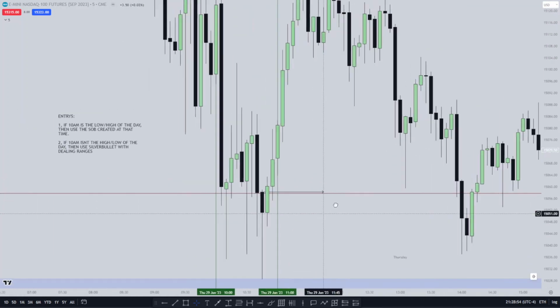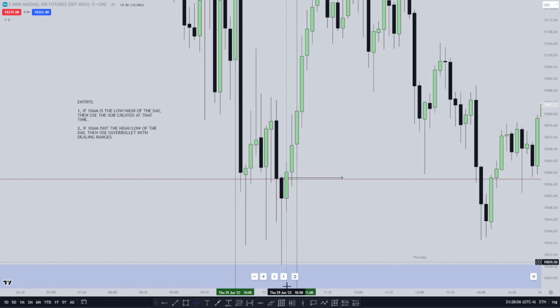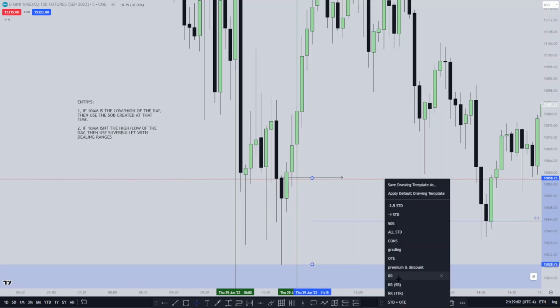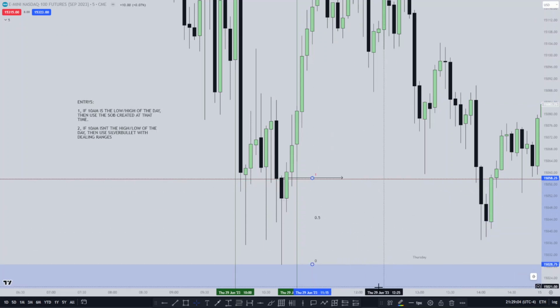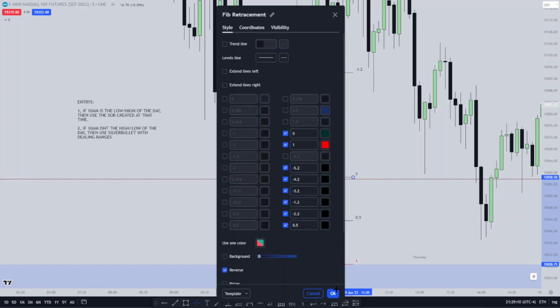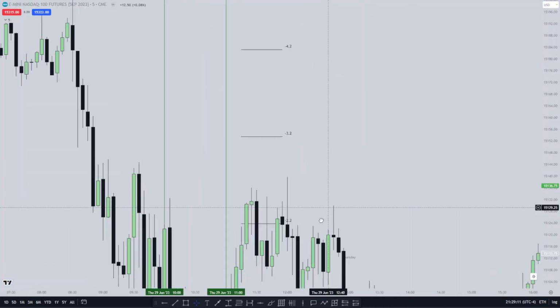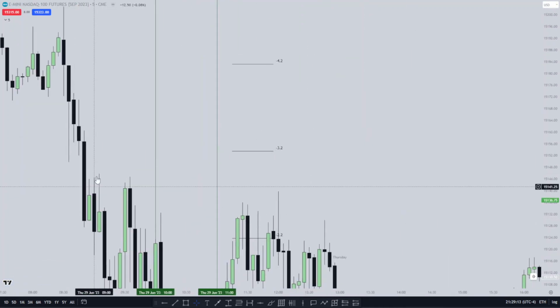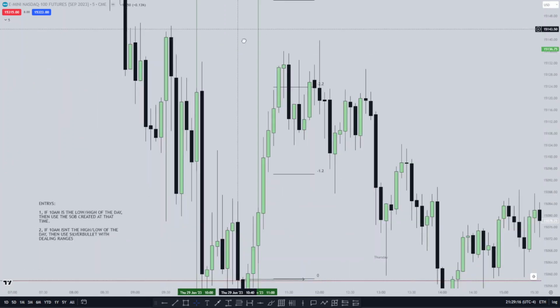We took an entry right here, stop loss below here, entry, stop loss. What are we targeting? 3. What's inside 3? There's a fair value gap.